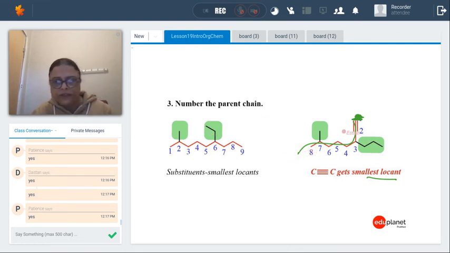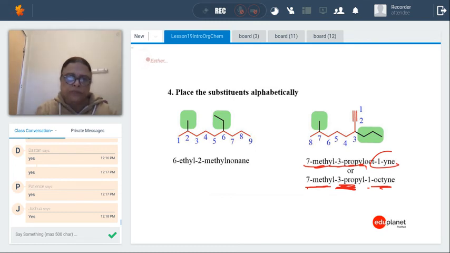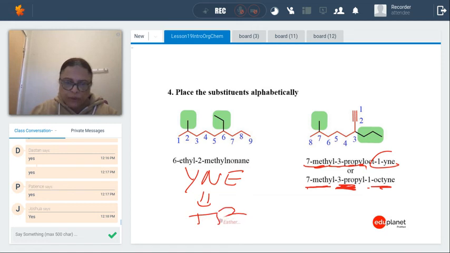Just like an alkane, no difference there. Also here we have a synonym. So this molecule will be 7-methyl-3-propyl-1-octyne, and the synonym is 7-methyl-3-propyloct-1-yne. This is a synonym. Yne means triple bond.